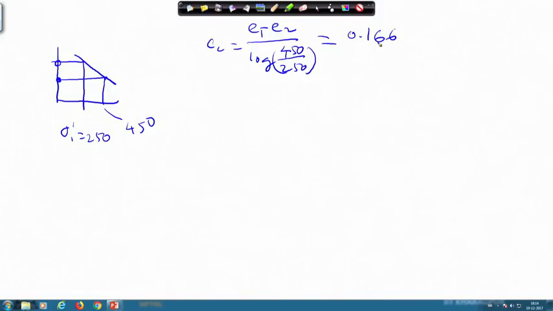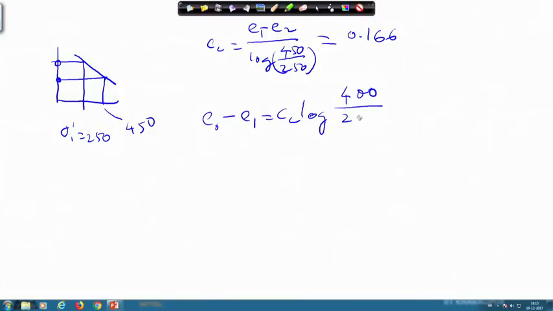Now, another condition is there. When pressure is 250, what is the void ratio, we have to find out. The pressure is 250 and 450. So, for the initial void ratio e naught, e naught minus e 1 equals Cc into log of the pressure, 400, divided by 250.